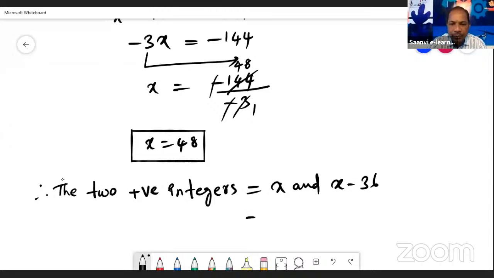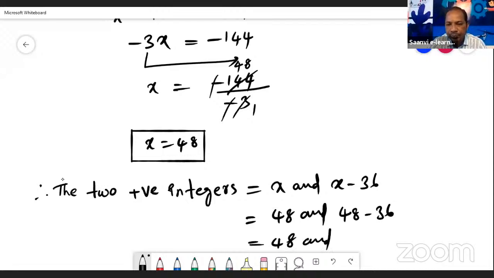So the x value we have got is 48, and x minus 36 means 48 minus 36, which is 12. So the two positive integers are 48 and 12. This is the required answer.